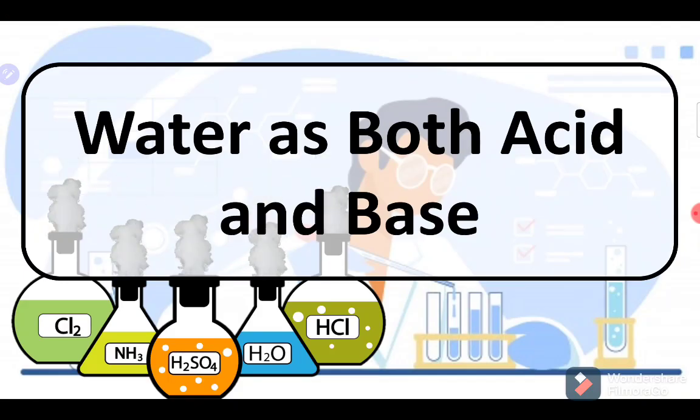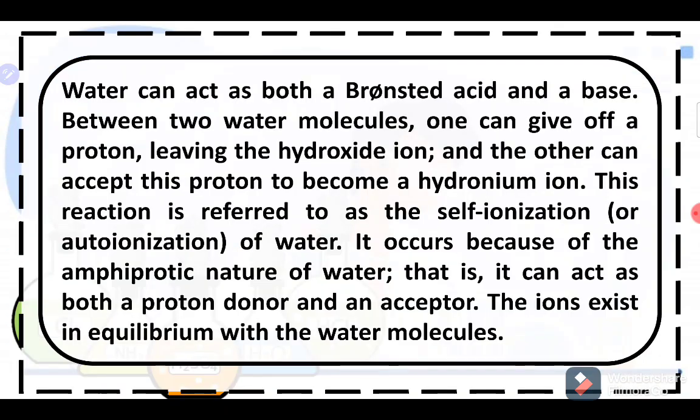Okay, so now we are going to learn how water acts as an acid and a base. Water can act as both a Bronsted acid and a base. Between two water molecules, one can give off a proton, leaving the hydroxide ion, and the other can accept this proton to become a hydronium ion.